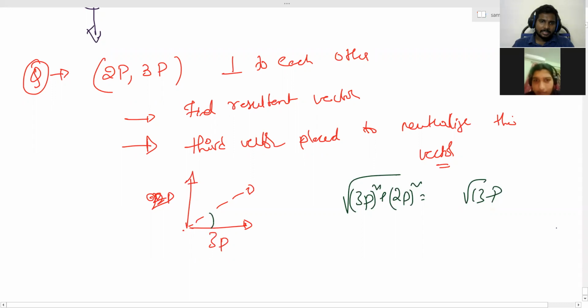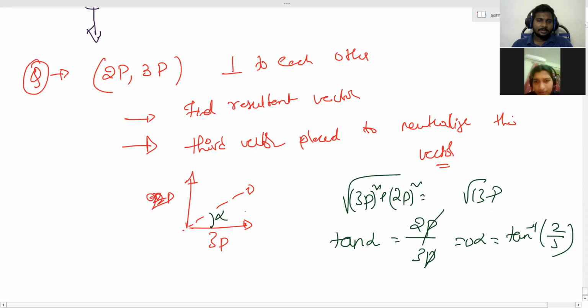If I ask for the direction also, this is alpha, and this is east. East need not be mentioned every time unless specified. Tan alpha is equal to opposite side by adjacent side, 2p by 3p. The p gets cancelled, so it makes an angle of tan inverse of 2 by 3 with the 3p vector.